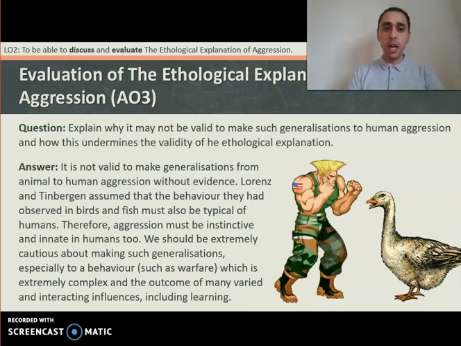Lorenz and Tinbergen assumed that the behavior they had observed in birds and fish must also be typical of humans. Therefore, aggression must be instinctive and innate in humans too. We should be extremely cautious about making such generalizations, especially to behaviors such as warfare, which is extremely complex and the outcome of many varied and interacting influences, including learning.